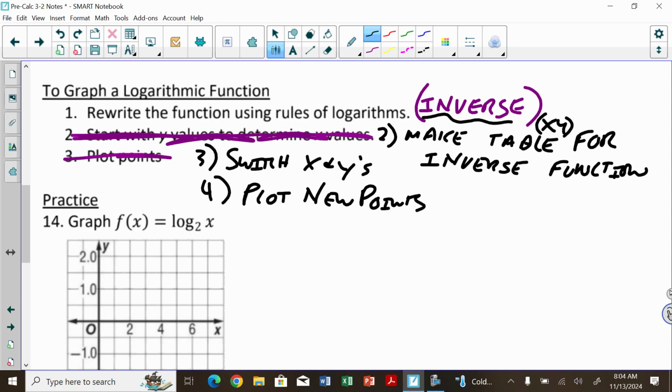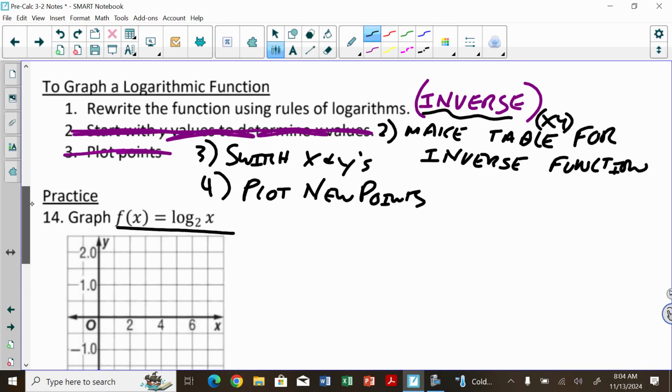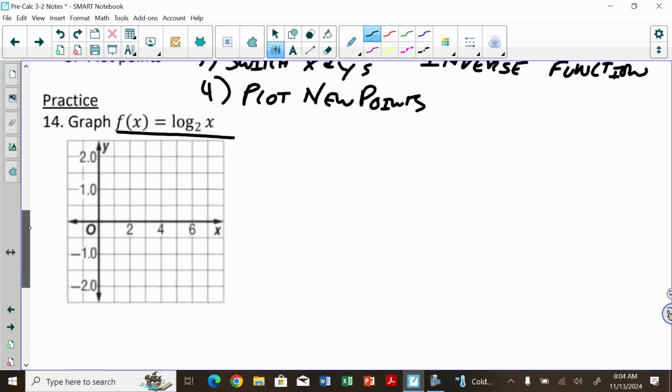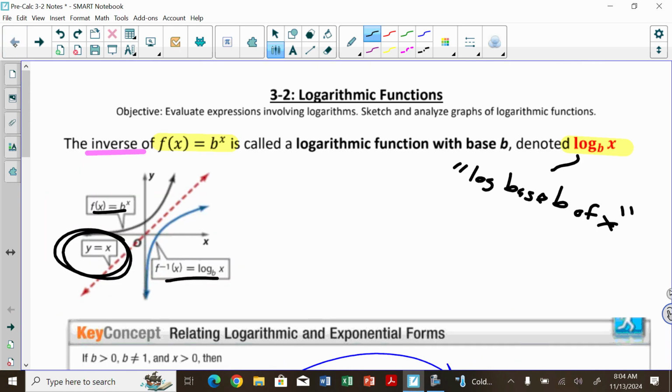Okay, so taking a look at the graph. If I take f of x equals log base 2 of x, my first thing is to rewrite it as the inverse. Rewrite the function using the rule of logarithms, which means it's an inverse. So that's going back to the first thing we talked about, our definition. So this is the inverse of this.